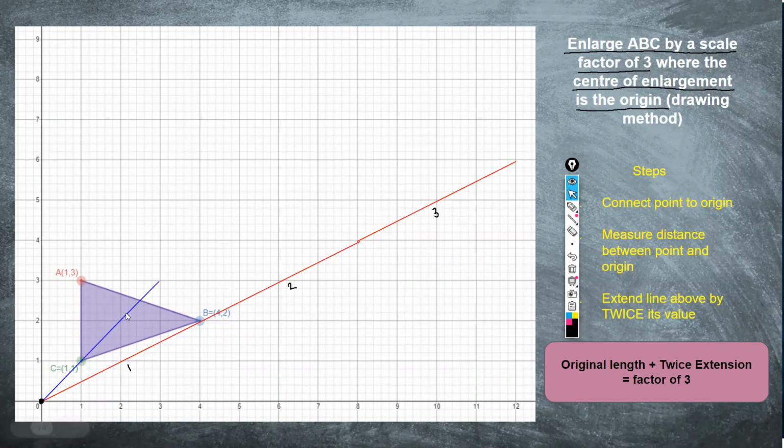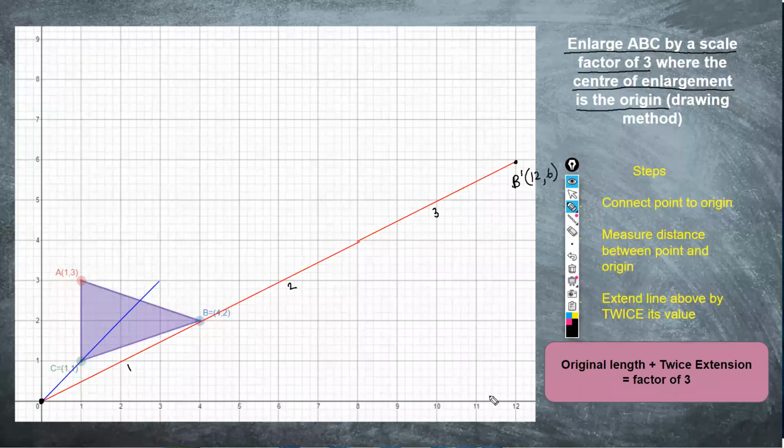Tell me if when we extend it by 2 more times, bringing the total to 3, did it end up by 3 and 3? Did it end up somewhere around here? By the way, this is point B prime.